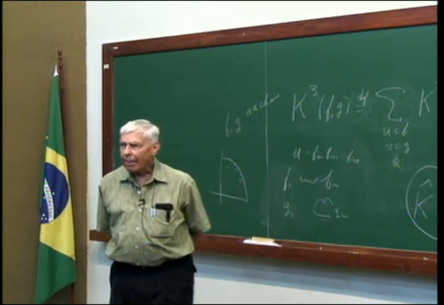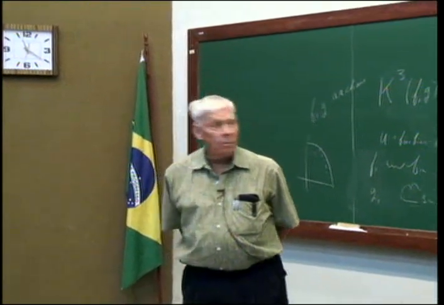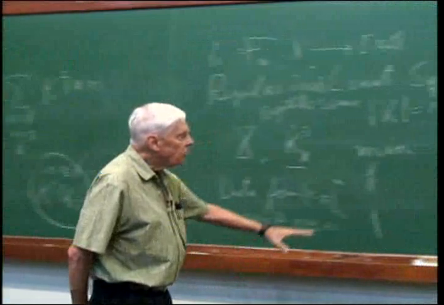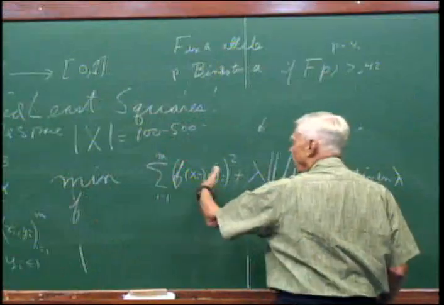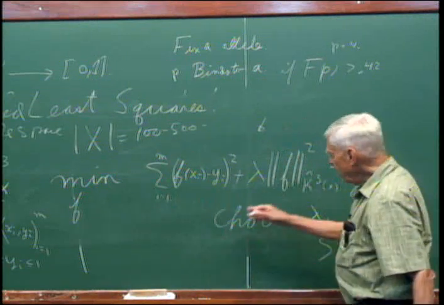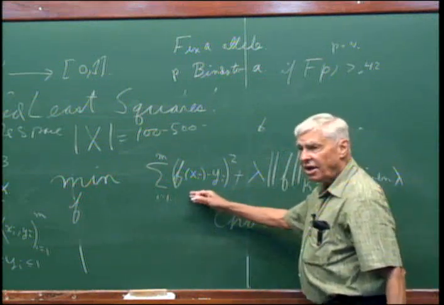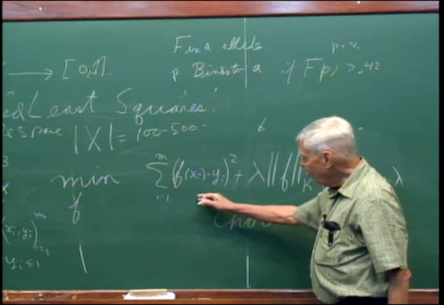Yeah. How do you know how to choose this lambda? Oh, to choose a lambda, you do this cross-validation, which means you take the data, say split it, you can leave one out and test it. You get a function which doesn't depend on the one you left out. And then you test the function you got on the one you left out.